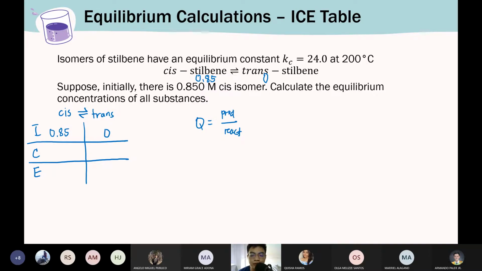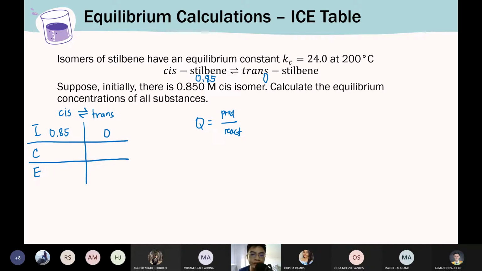So, ito yung general rule. The general rule is that kung sino yung side na 0, dun papunta yung reaction. Okay? So for example, in our problem here, the trans has 0 concentration. So ibig sabihin, dun pupunta yung reaction.